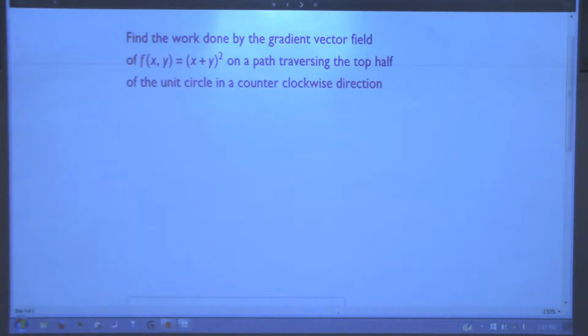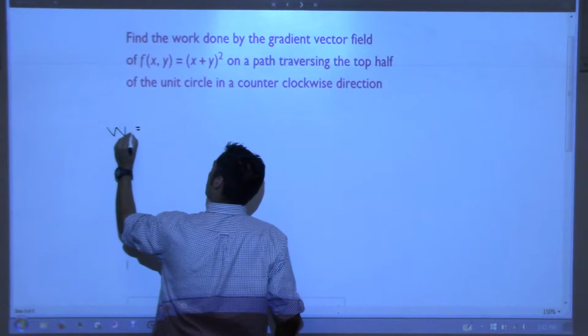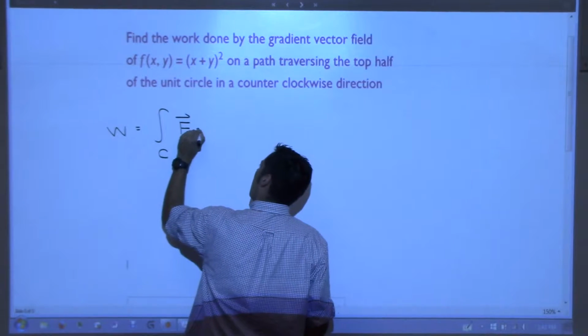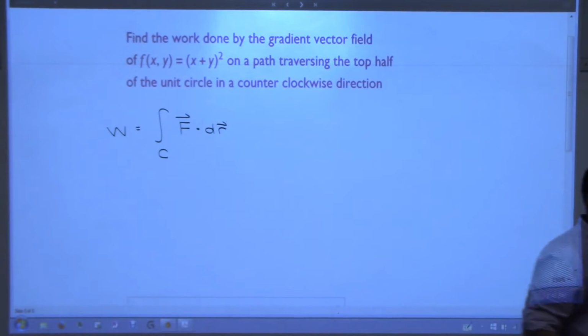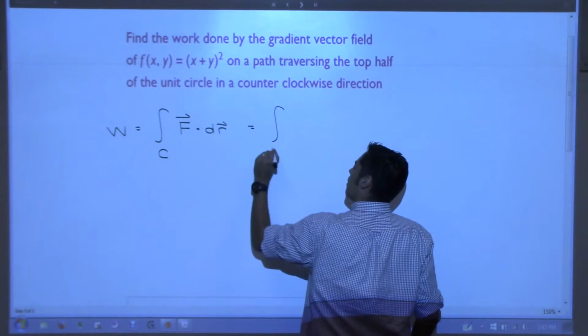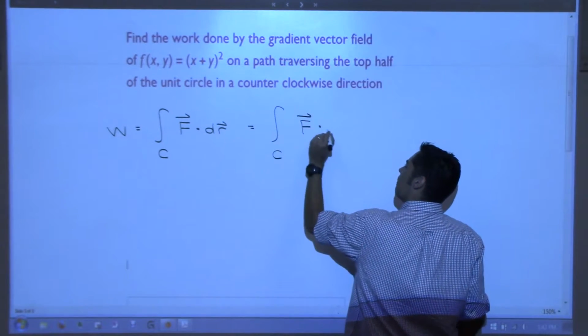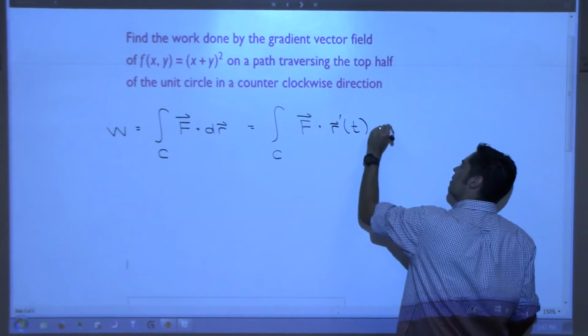Find the work done. Well, here's what I know. Work is defined to be the line integral along C of my vector field dotted with dr. That I have to know to start the problem, right? Which is the line integral along C of F dotted with r prime of t dt.